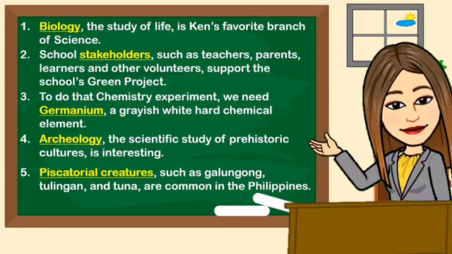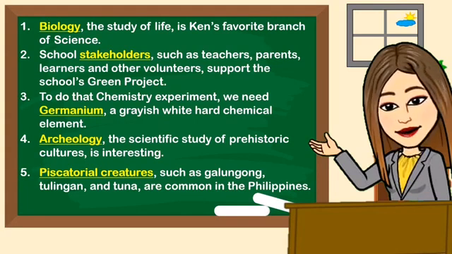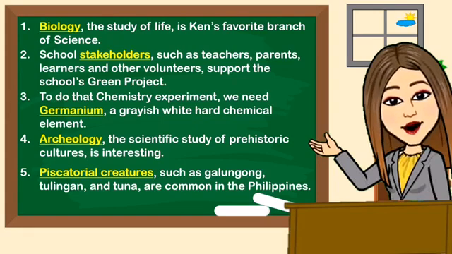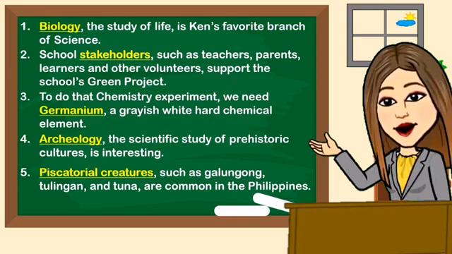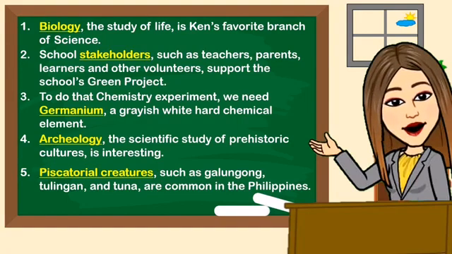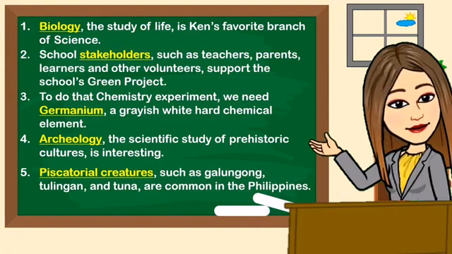Number 5. Piscatorial creatures such as galunggong, tulingan, and tuna are common in the Philippines. The unfamiliar word in number 5 is piscatorial creatures. You only have 1 minute to answer the exercise 2. Your time starts now.